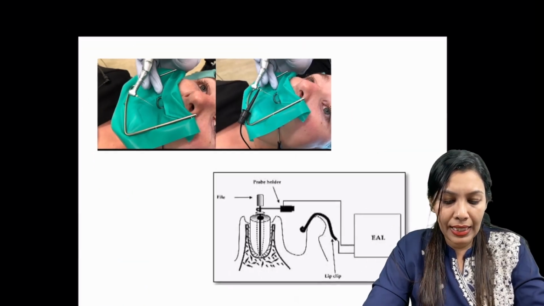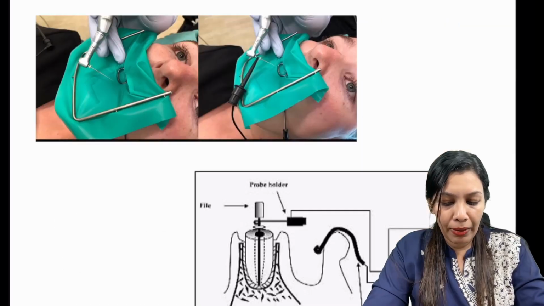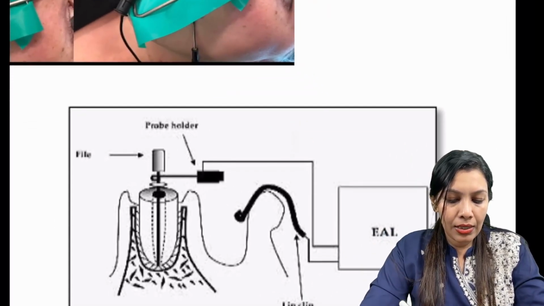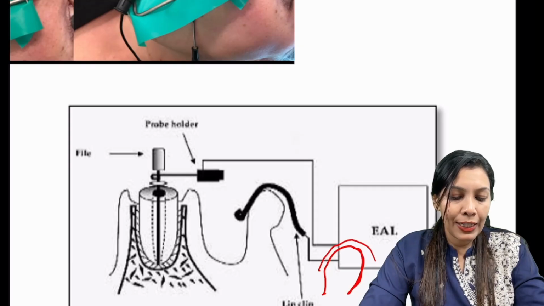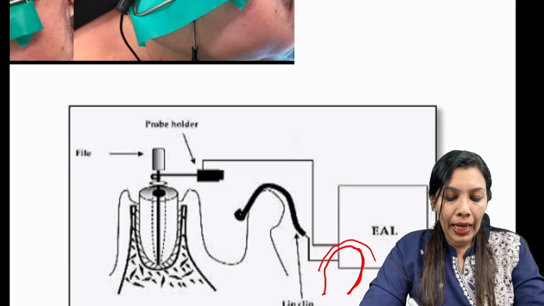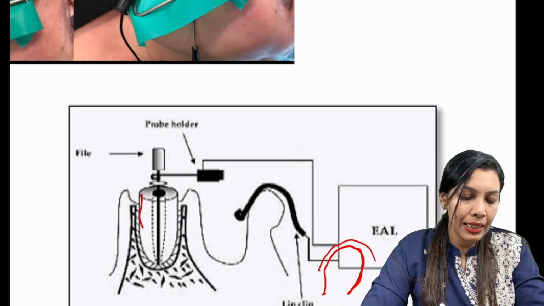As you can see in this image, this is a very important image. You can see the lips or the cheeks to which the clip is placed, and files are placed within the canal.